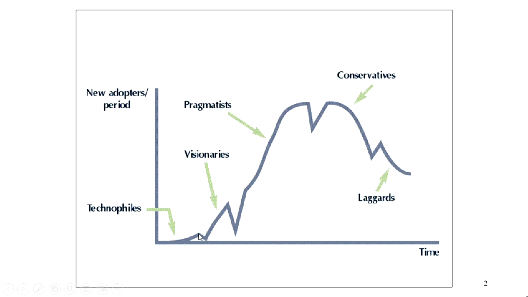These people are a small part of the overall possible sales over the life cycle, but they play a very important part because they are often ready to experiment with a product which may not be fully featured, what we call the MVP or the minimum viable product, and these are the trusted customers who will be actually giving the marketer feedback with respect to usage and variants which they may be looking for.